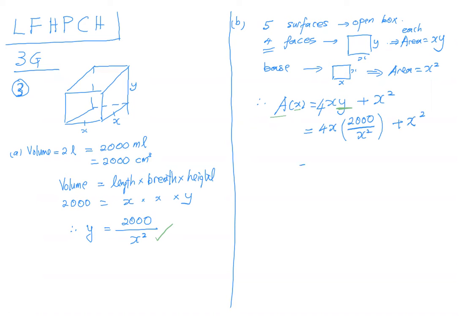So you have 8000 over x squared over x. Yeah, this one and this one cancel, plus x squared. So x must be greater than 0. Am I right?